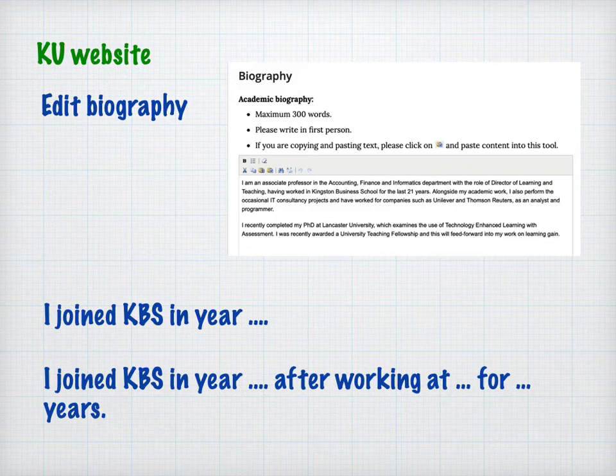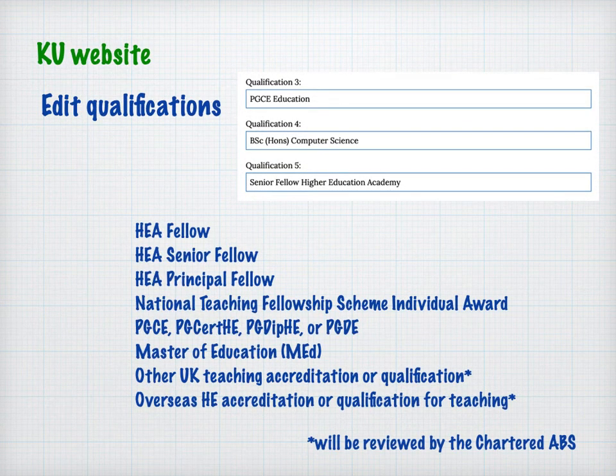The second part of this is to actually go in and add your qualifications, whatever they are: teaching qualifications, or membership or a fellowship or a senior fellowship of the HEA. You might have an alternative qualification, PGCE or Master of Education, or whatever it is that you've got. You just add them into this list.